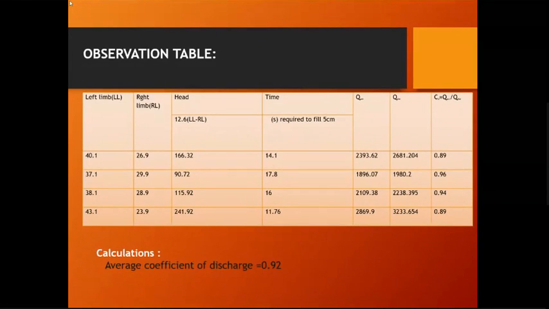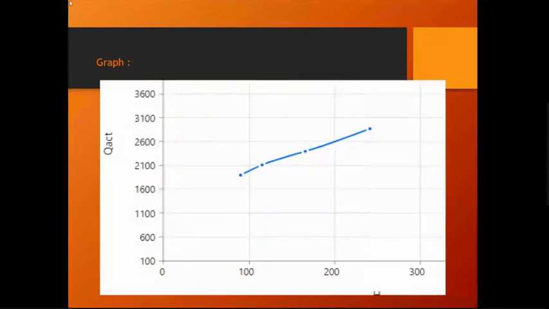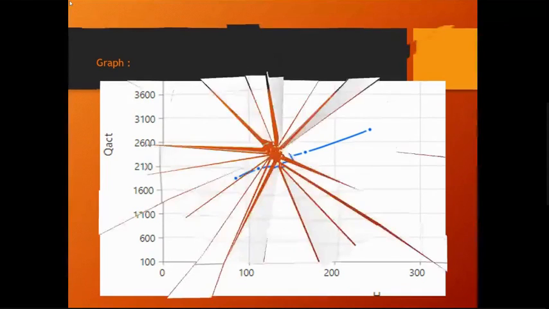The average coefficient of discharge we can find from these four readings, and this is our result. Now the graph between actual discharge and head loss is this. It is somewhat straight. So this is all about the experiment.